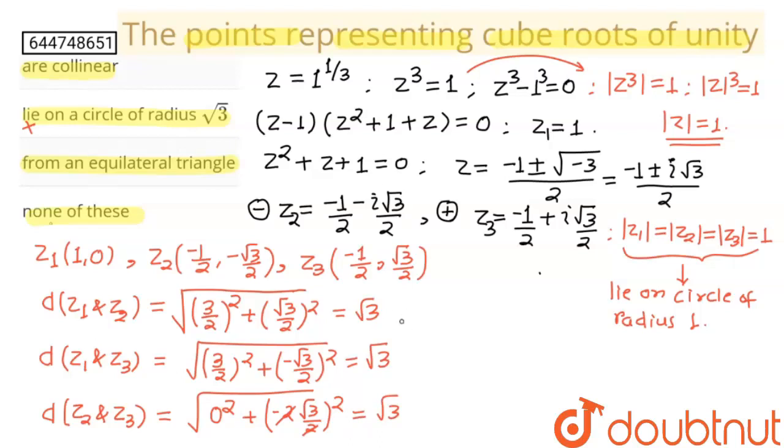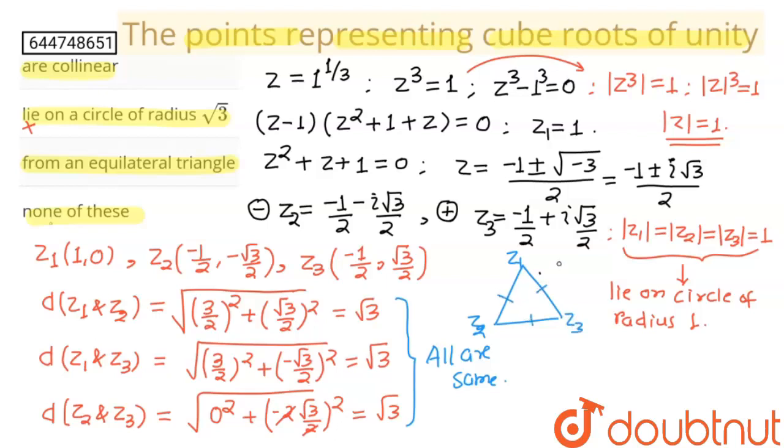Here we can say that the distances between z1, z2, z3 are all the same. All are the same, so this will form an equilateral triangle z1, z2, z3.